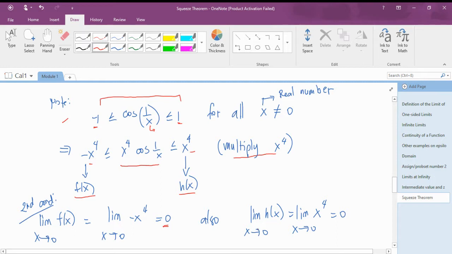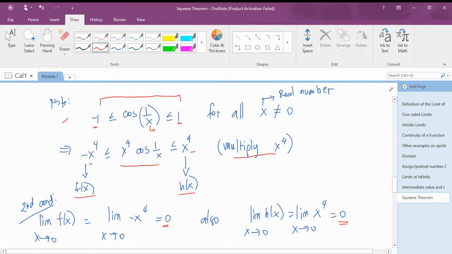Next, tignan naman natin yung limit ng h of x as x approaches 0. So that is equal to limit ng x raised to 4 as x approaches 0, and that is equal to 0. So yung limit ng f of x natin ay equal lang din sa limit ng h of x, which is equal to 0. So nasatisfy din natin yung second condition.